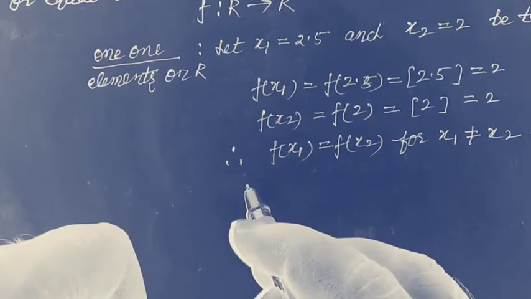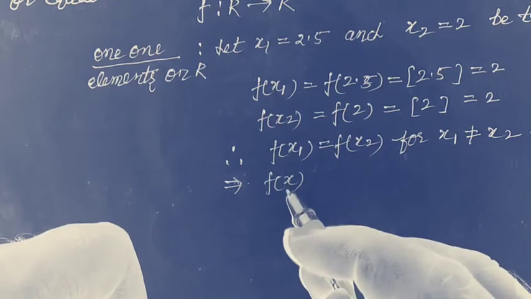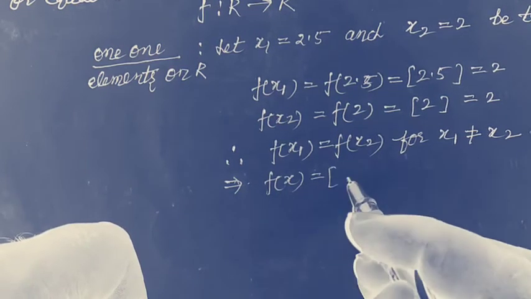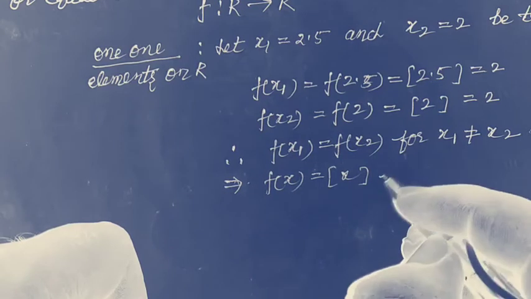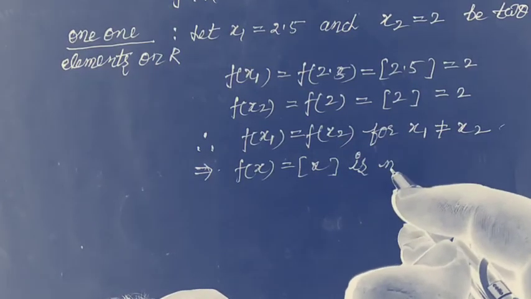So we can say f, the greatest integer function, is not one-one.